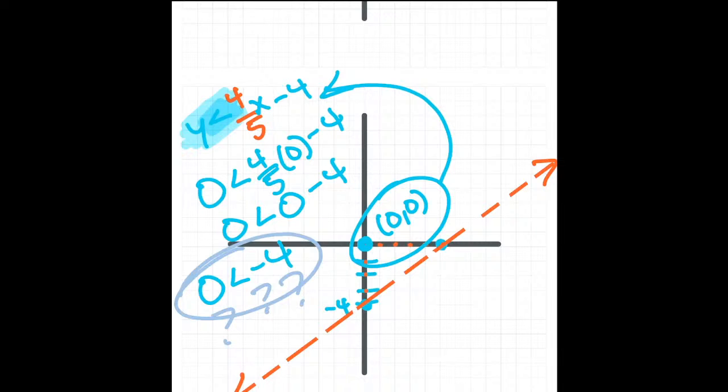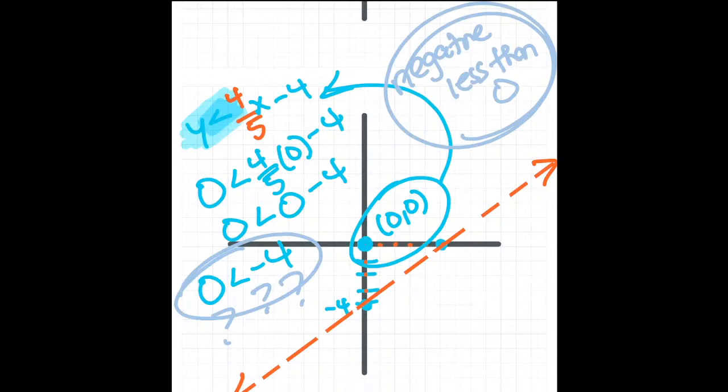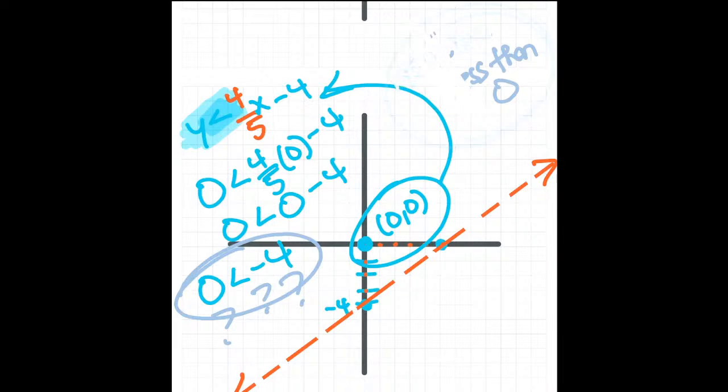No, because remember, negative numbers are less than 0. That's what makes it negative. You went below 0. So no, that could not be true. 0 couldn't be less than -4. -4 is smaller than 0. So this region has to be false.